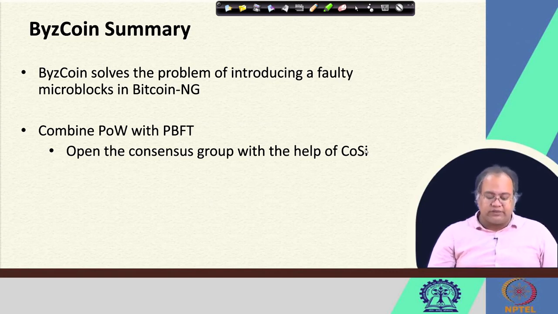So, it opened the consensus group with the help of COSI, selecting the members of the consensus group, or the trustee group, or the witness cosigners, whatever term you use, all signifies that consensus group, by considering the mining share of individual miners within a last window size.